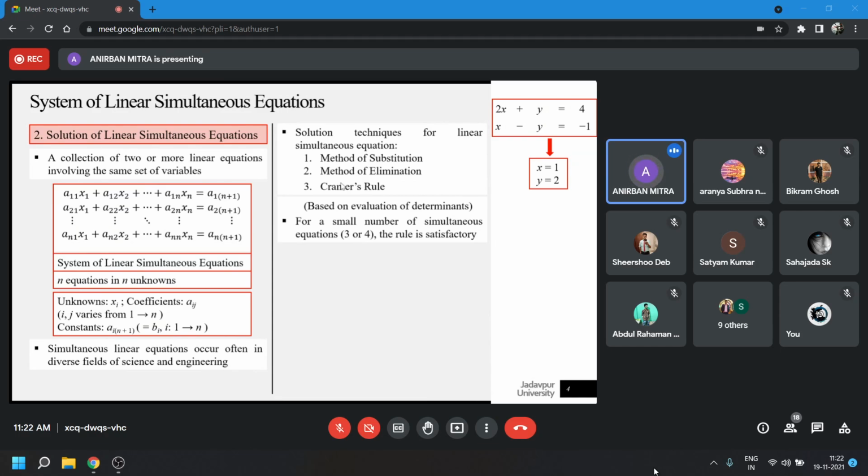In fact, if you have 10 equations, following Cramer's rule, you will have to perform around 70 million arithmetic operations in order to obtain the solution. That is a huge task. In fact, for all of these three methods of solution, they can be implemented by hand only if the number of equations are small. Think about method of substitution or method of elimination.